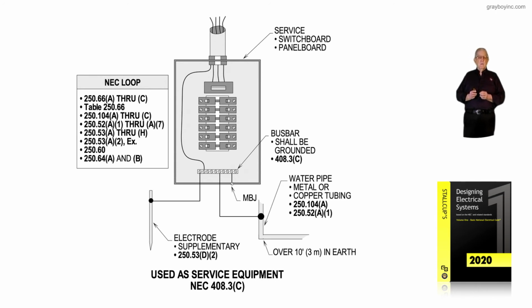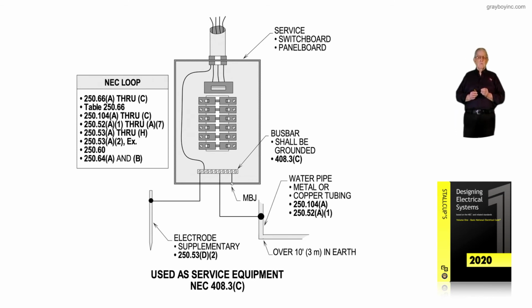Next we would pick up 250.104(A) through (C), and select the electrodes if they're present in accordance with 250.52(A)(1) through (A)(7). Many times in a facility, you may have a metal water pipe, structural steel, concrete encased electrodes, and if you have a lightning protection system installed, you may have a ground ring encircling the building. We would have requirements in NFPA 780 as your reference to that standard from 250.60 and 250.106, I believe.